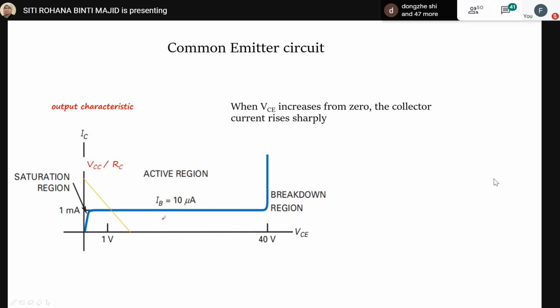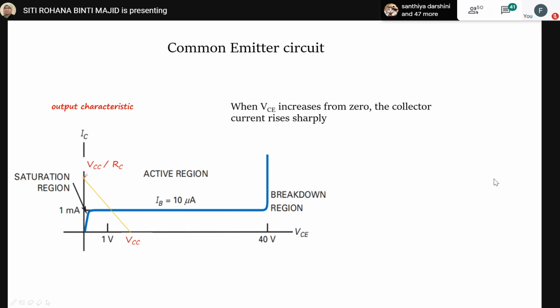So here at VCE equals 0, we will get VCC over RC, and then on the x-axis we can get the value of VCC. So here, the yellow line is the load line.